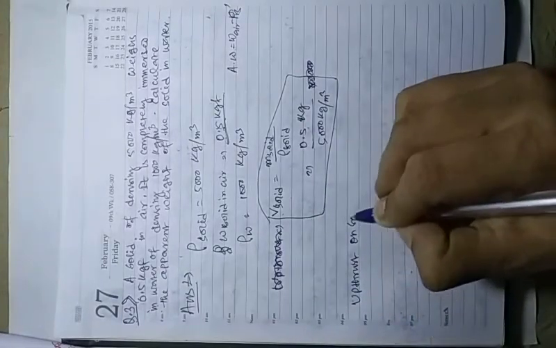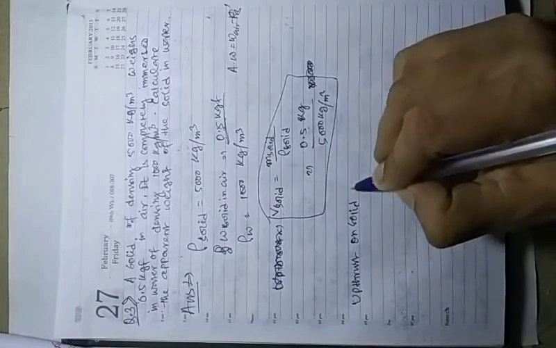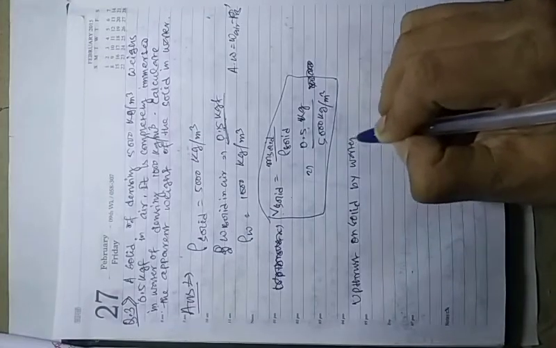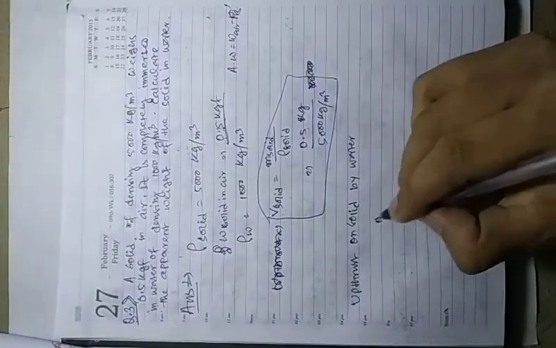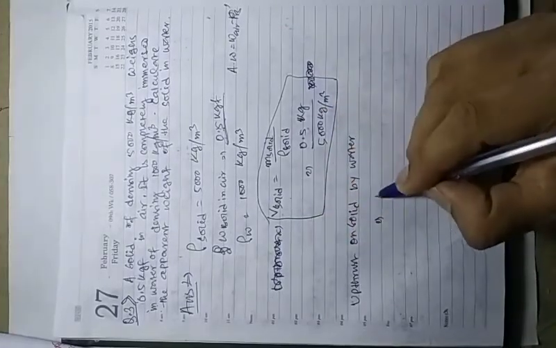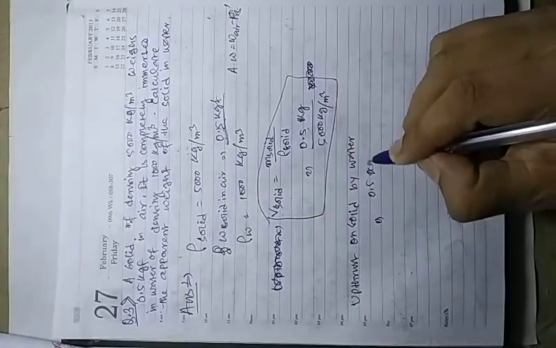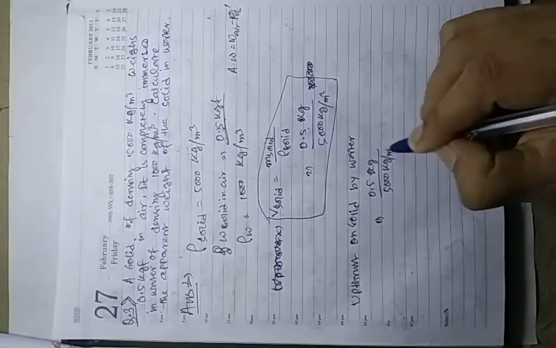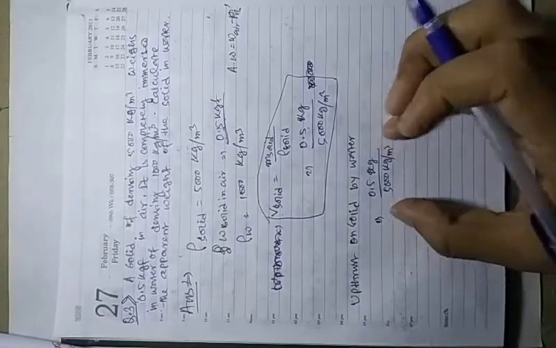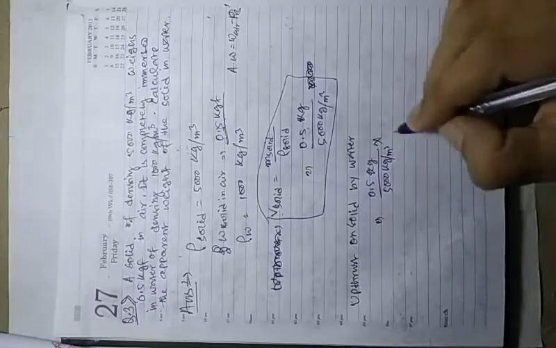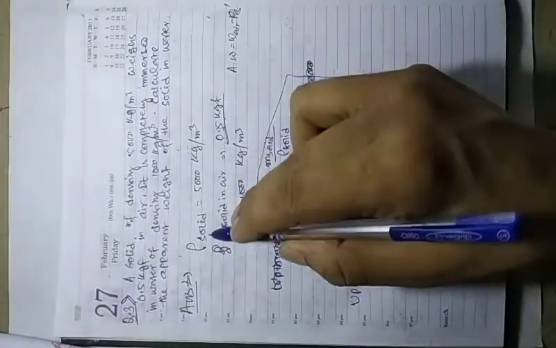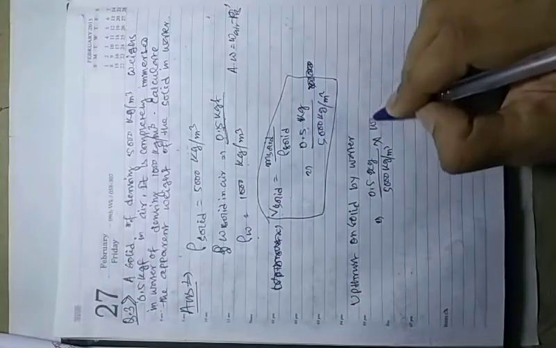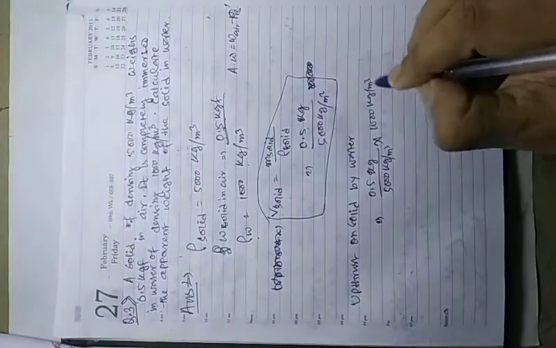Now come to calculate the upthrust. Upthrust on solid by water on solid will be volume of solid, I am directly putting the value 0.5 kg by 5000 kg per meter cube, that is the volume of solid, into density of water, that is this 1000 kg per meter cube. I am again writing the unit.